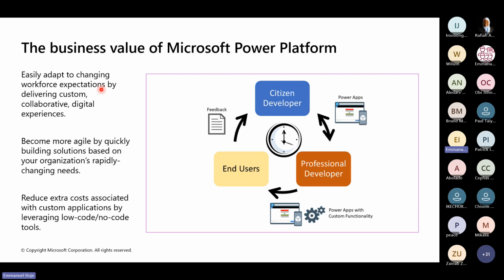Instead of needing to employ a software developer to come and build thousands of lines of code to get an application up and running, which can take days, weeks, months, right? With the help of low code, no code, you're able to do it easily. So Power Platform makes it easy for organizations to address most of these changes, if not all of them.